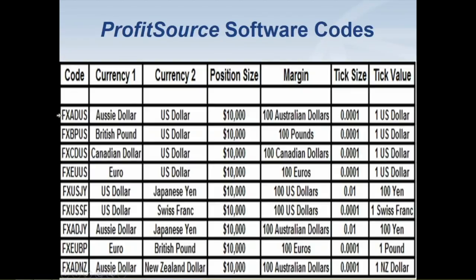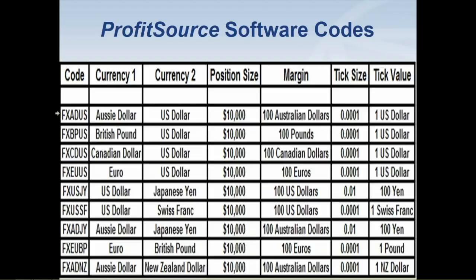So FX is obviously short for foreign exchange, and then you've got a 2-letter code in Profit Source for currency 1 and a 2-letter code for currency 2. A lot of broking platforms or other software will just use another 6-letter code, but it will be AUD, USD, for example. Australian dollar, US dollar. So make sure you're familiar with the codes before you jump into the market and start trading.